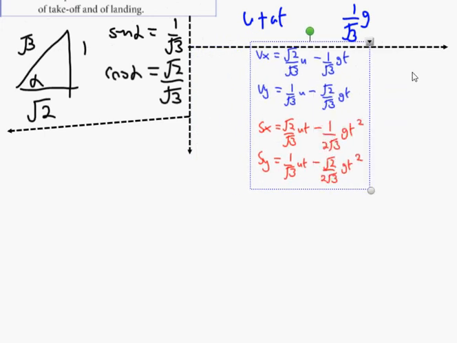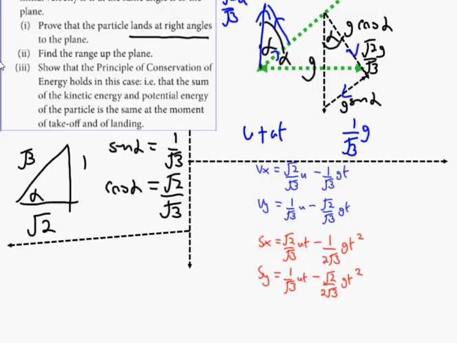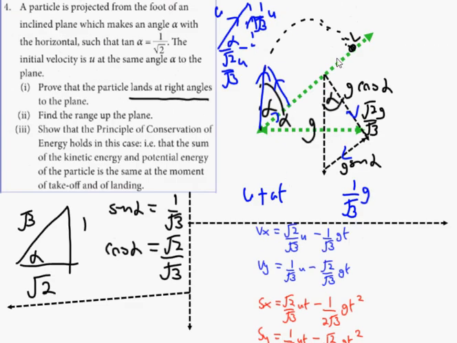Now, what's our information when we hit the ground? We have 2 pieces of information, don't we? Now, the whole point is I have to prove that it lands at a right angle. Do you understand that? So I have to prove that phi x equals 0. That's how you prove that it lands at a right angle. Phi x will be equal to 0.